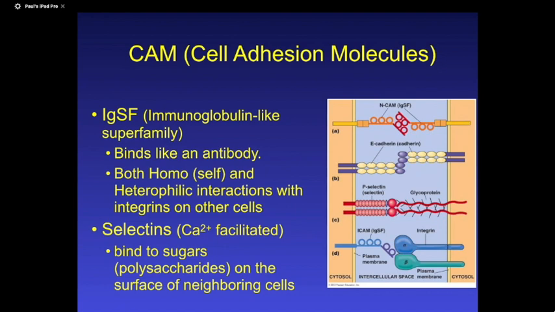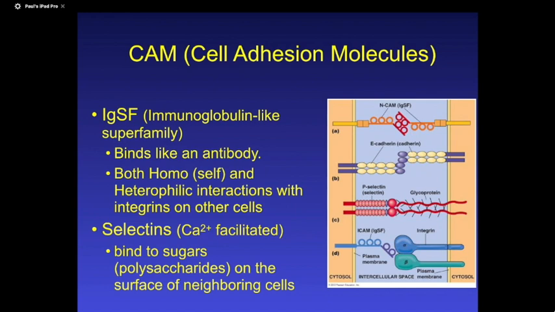It binds super tight to something. The antigen is what it binds to. This class are proteins on the surface of membranes that have binding pockets that are very strong and very specific, that bind together. And that allows us to have adhesion, or binding together.